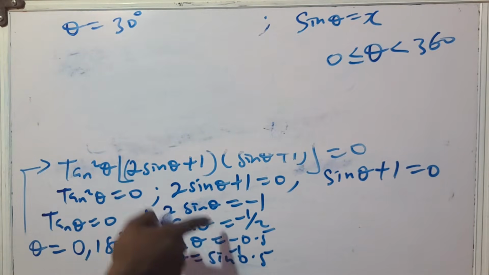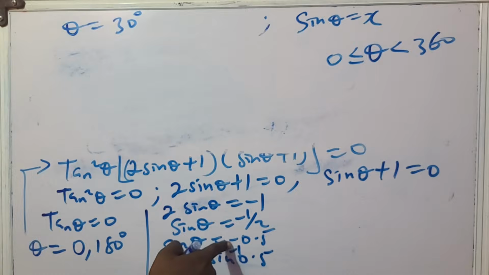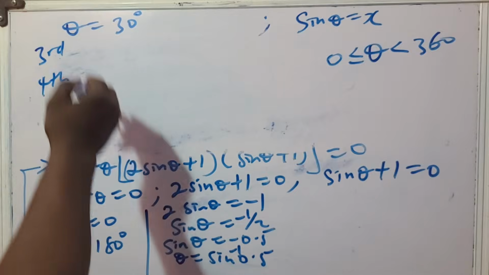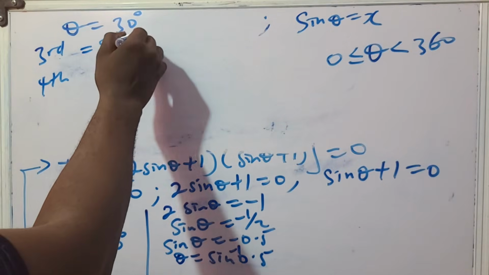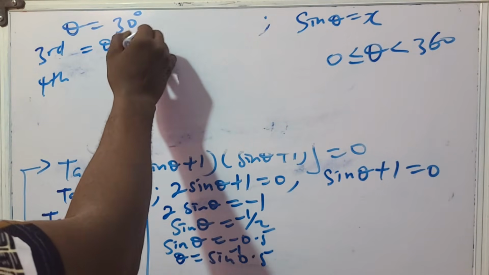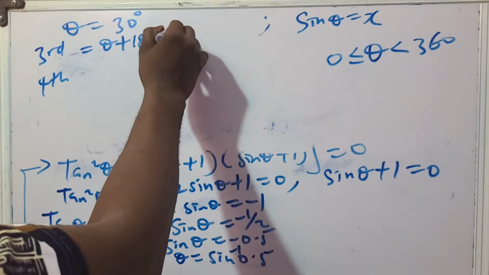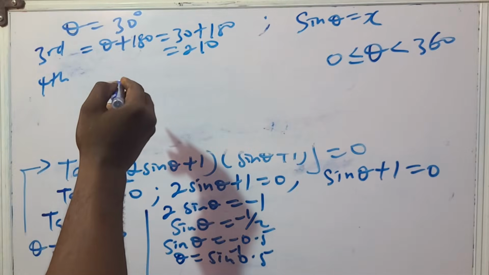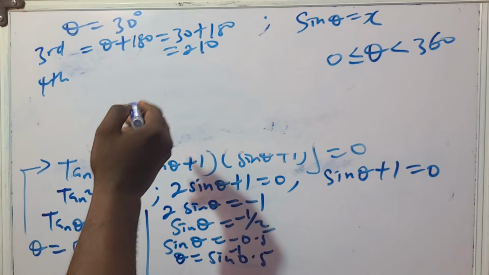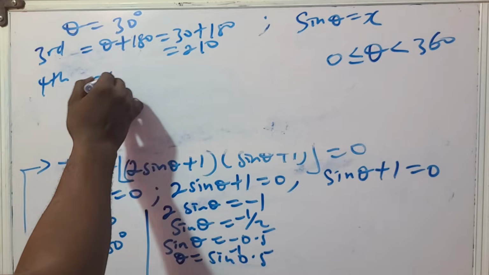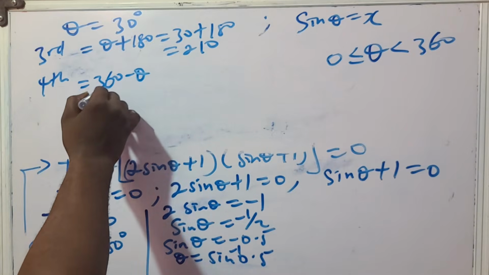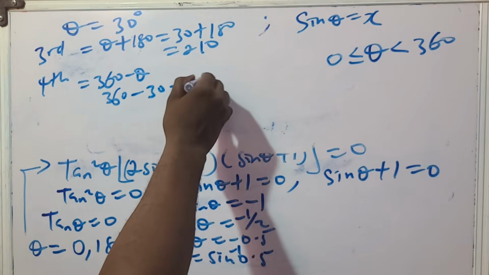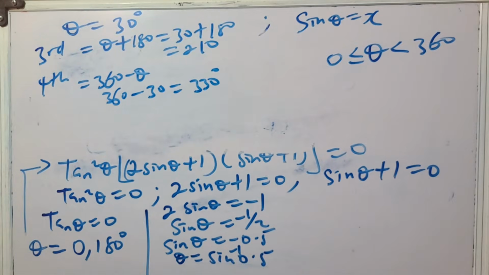Your final answer will come from where theta was negative, which is the third and the fourth. So in that case, we're dealing with theta plus 180, which will be 30 plus 180, which will be 210. And then we also have the other one, which is 360 minus theta. Here we have theta as 30, so that will be 360 minus 30, which will be 330. All right?